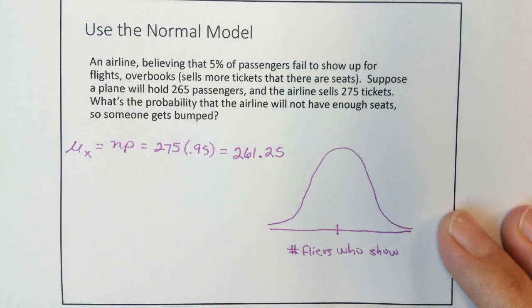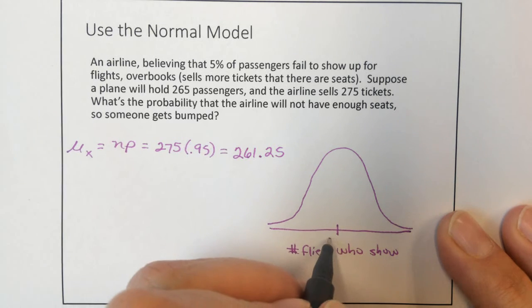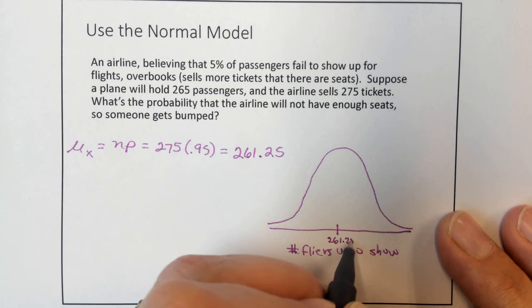So the average number of people who show up with a ticket is 261.25, which is below the number of seats that they actually have available. So most of the time, you're going to get people showing up and have enough seats. So 261.25 is the middle.